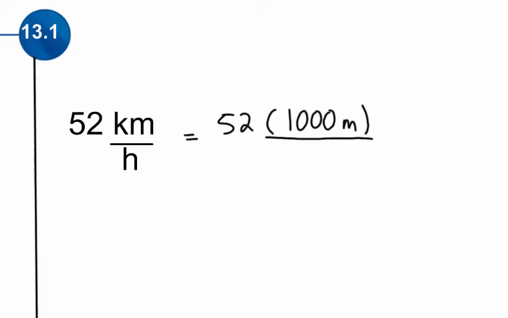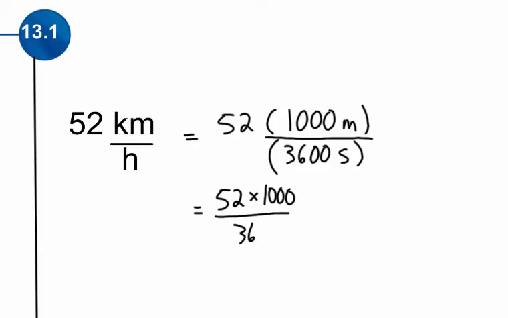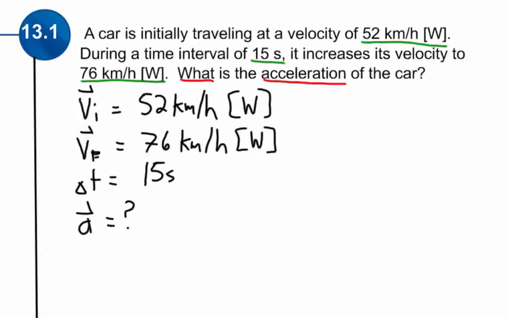Take our hours, and remember an hour is 3,600 seconds. Change our hours to seconds. And in the end, what we're going to calculate is 52 times 1,000 divided by 3,600, and we'll get our value of 14.4 meters per second.